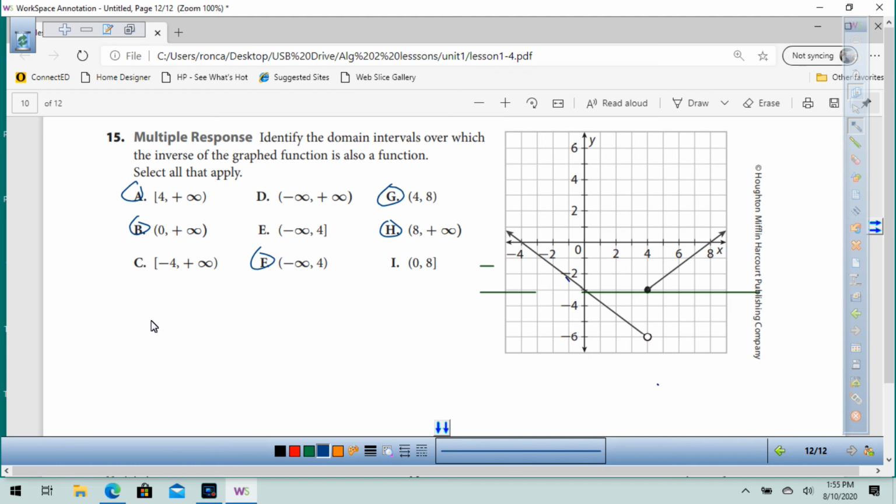We'll say negative infinity to -3. Well, let's see, yeah, -3 would be the only place that it is, in fact, and the inverse would be a function.